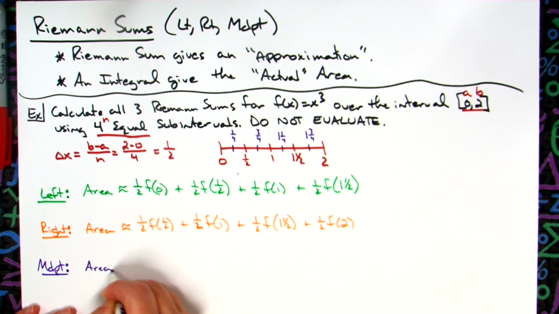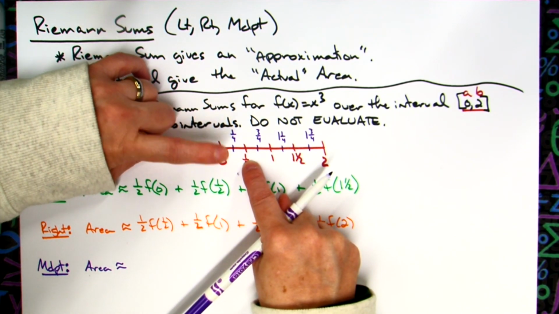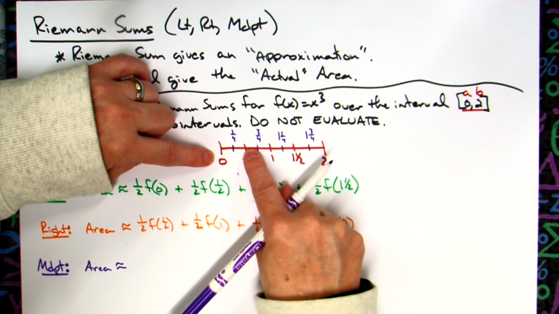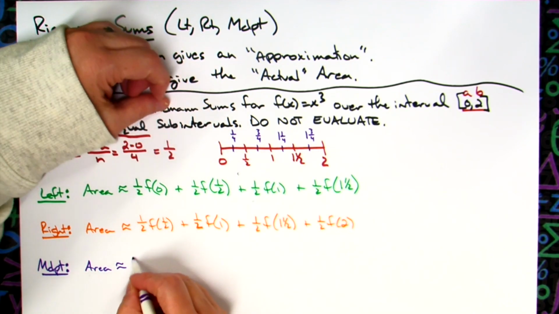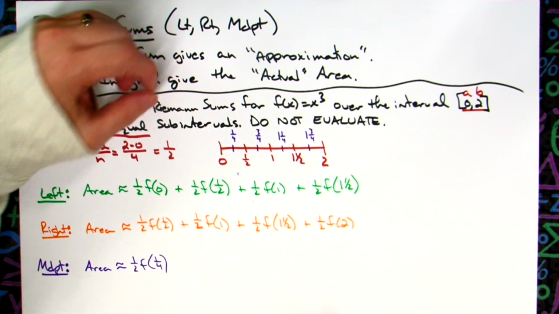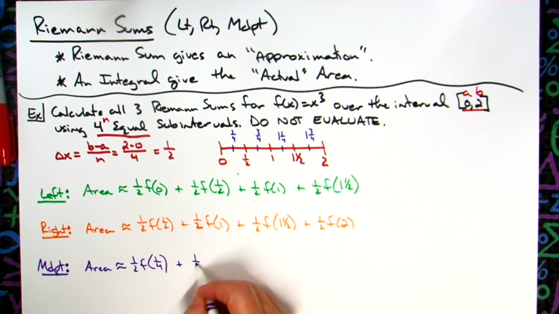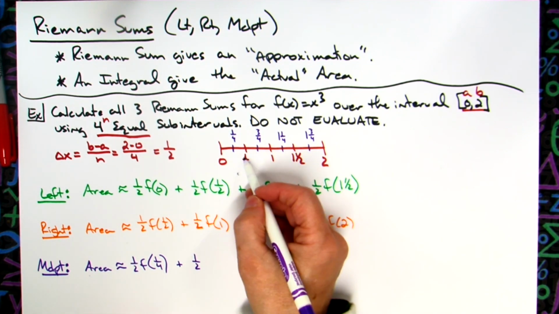Now I have to think first rectangle, but I'm not going to use the left number. I'm not going to use the right number. I'm going to use the midpoint. So it's still a width of 1/2. I'm plugging in 1/4 into the function to get the height. Second rectangle will still be the 1/2. Again, not the left, not the right.